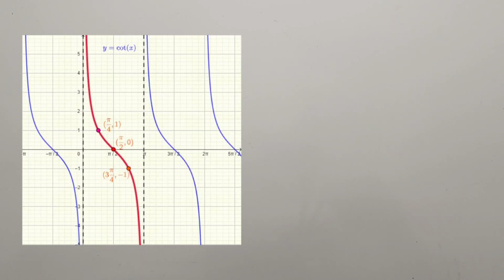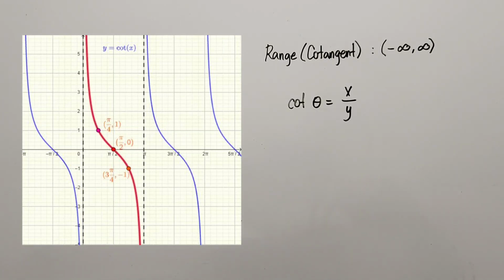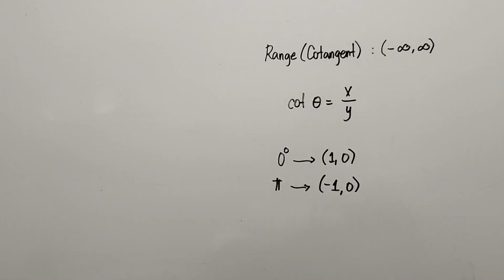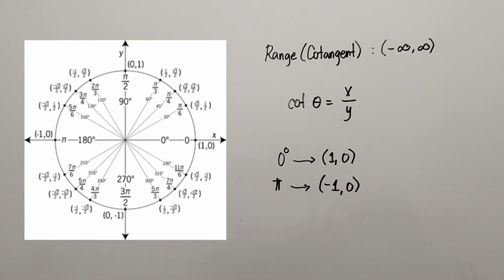Let us now get the domain of the cotangent function. Note that cotangent theta equals x over y. The restriction now is that the y-coordinate must not be 0. From that graph, 0 degrees has the coordinate 1, 0, and pi radians has the coordinate negative 1, 0. Both points have 0 y-coordinate.